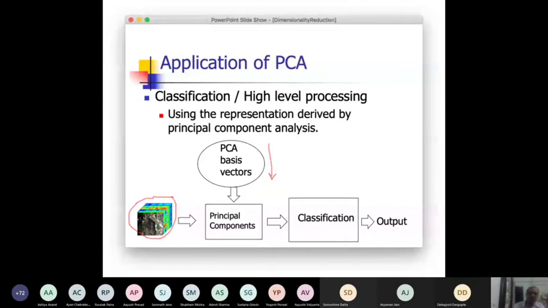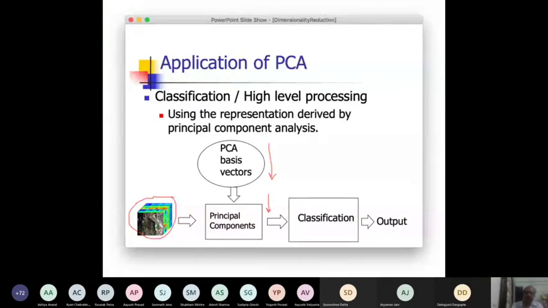So you perform the projections along those directions, and you get a new representation, a derived representation we call the principal components representation. That is the dimensional reduction that takes place. And now this is your feature representation. So whatever classification techniques you have learned earlier, you can apply on this reduced dimensional space.